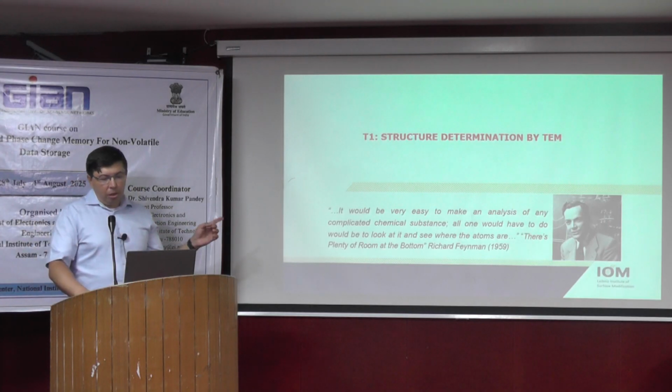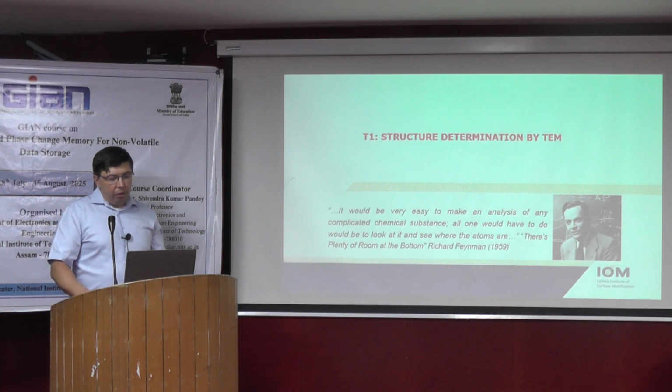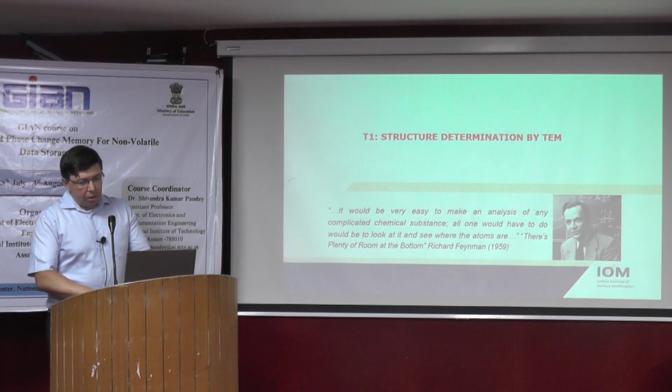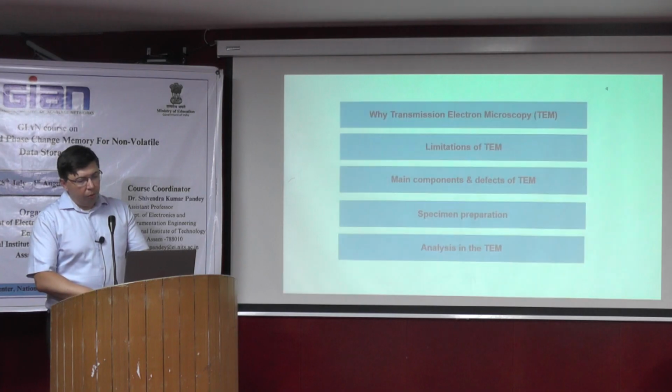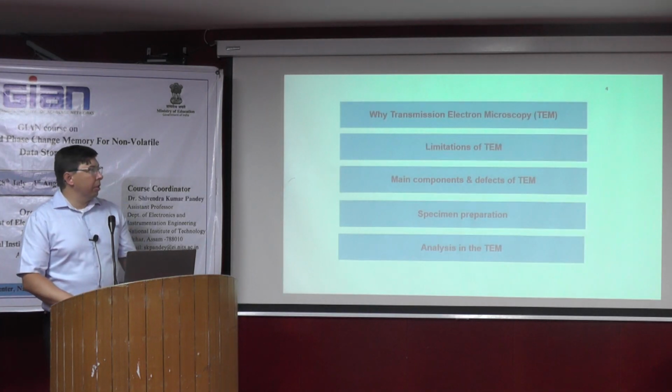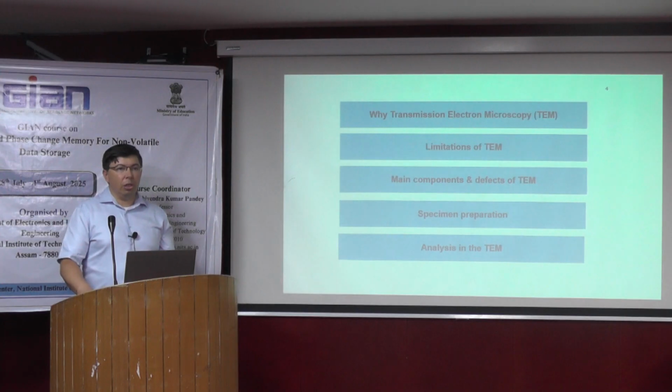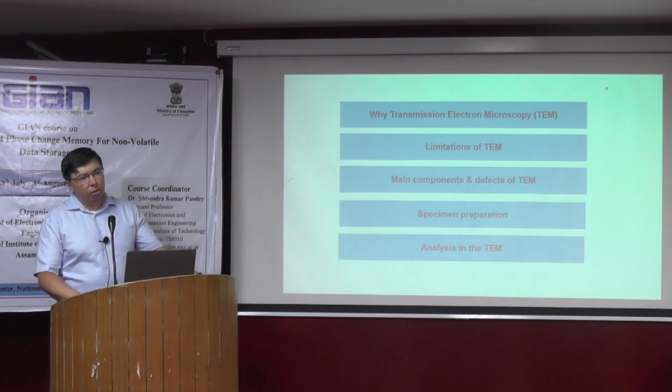In our morning lecture, we learned about the crystalline phases, and for example, we want to know about the structure and the defects in these materials. For that, we need methods of structural analysis. There are different methods like X-ray diffraction, which gives you information from a larger volume.